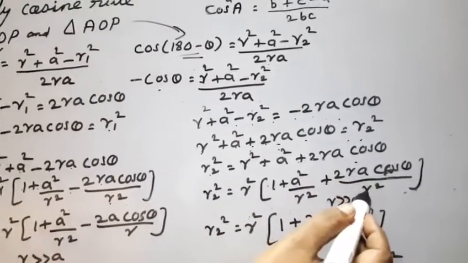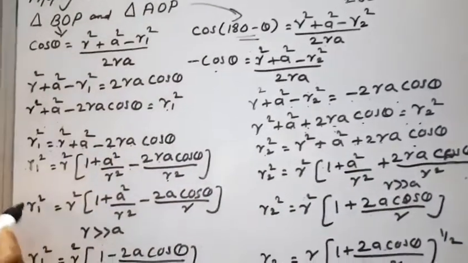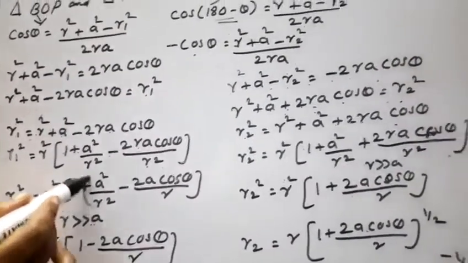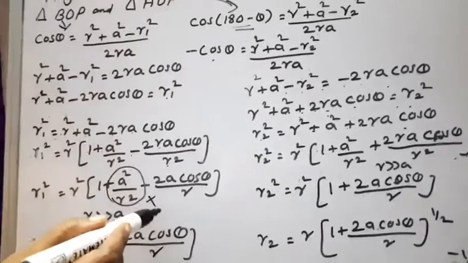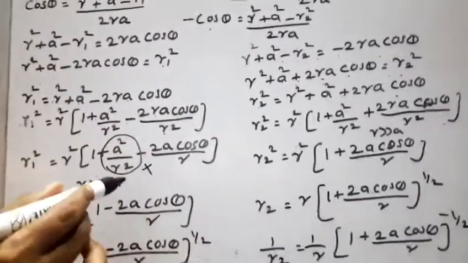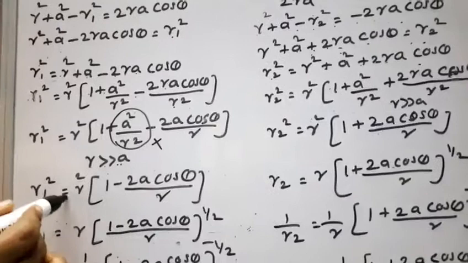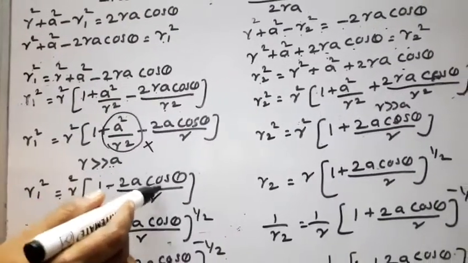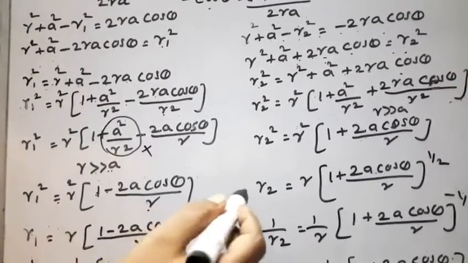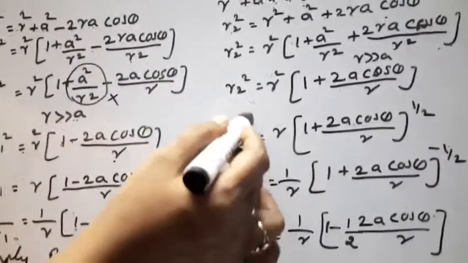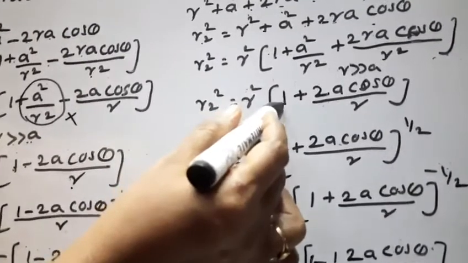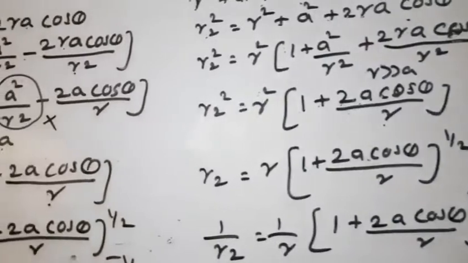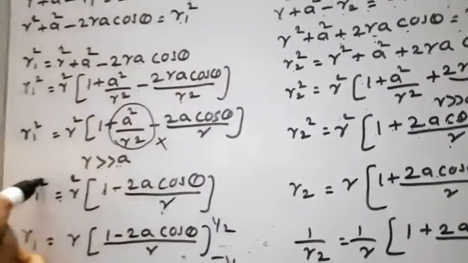theta by R. Comparatively, the R value is greater than the A value. Therefore, this A square by R square term we have to neglect completely. Therefore, R1 square equal to R square into 1 minus 2A cos theta by R. And here R2 square equal to R square into 1 plus 2A cos theta by R. And next, the square we can take out to the opposite direction.